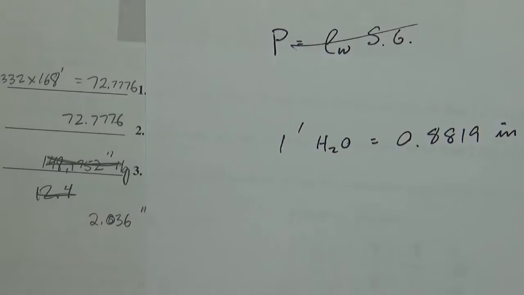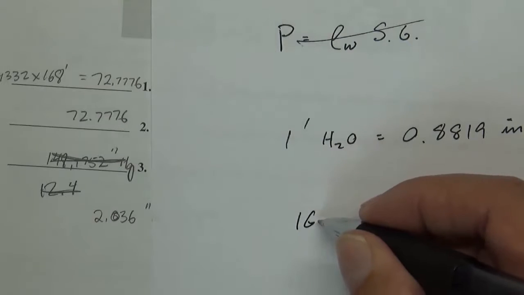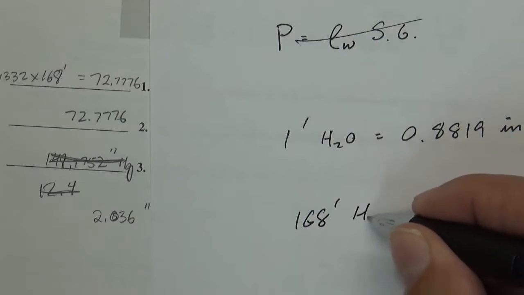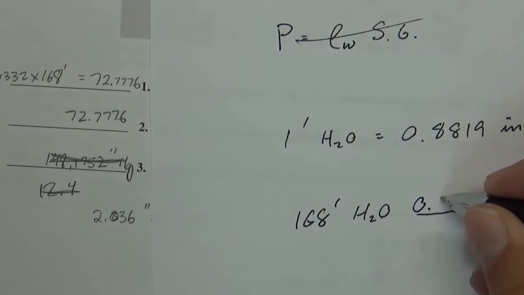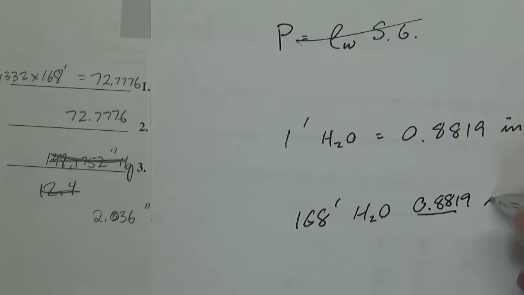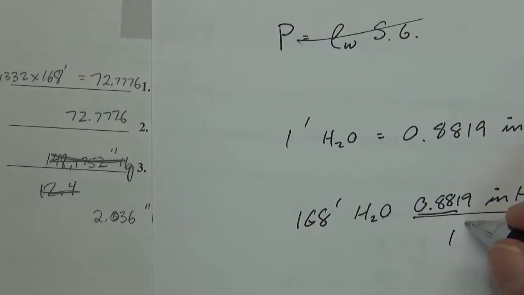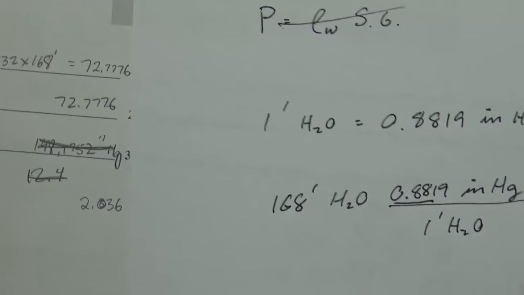So we can rewrite that as a form of 1. We have 168 feet H2O, and what I can do is multiply this by 0.8819 inches Hg divided by 1 foot H2O, because why can I do that?